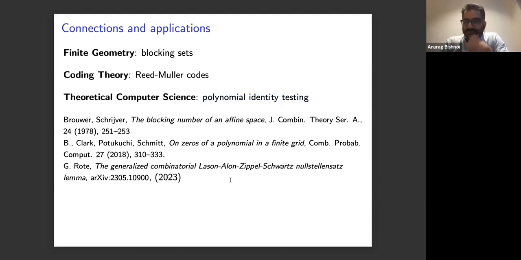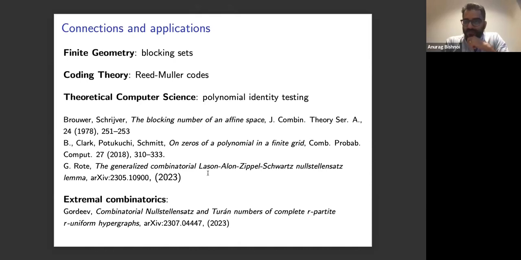And something that's even more recent is extremal combinatorics. So there's this notion of hypergraph Ramsey numbers, and there's a very recent paper of Koltchev where he uses a nice connection between these kinds of polynomial problems, specifically the Combinatorial Nullstellensatz, and these hypergraph Ramsey numbers.